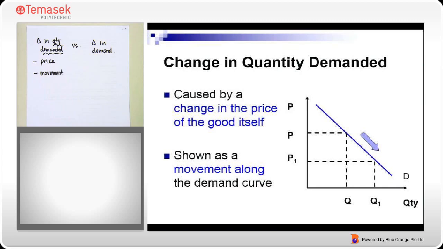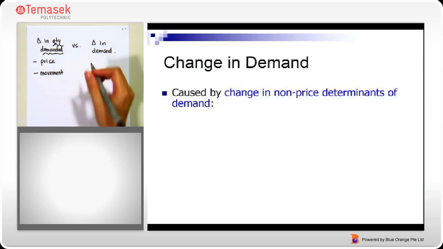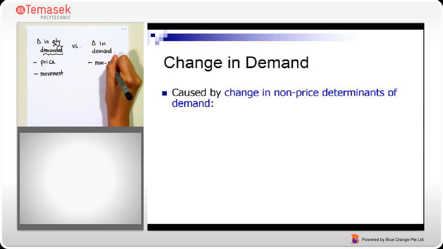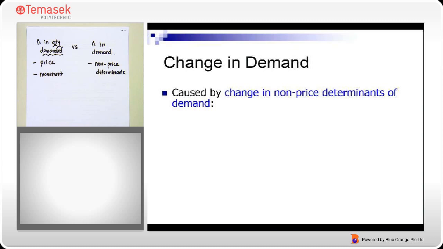Next, what is change in demand? Now, it's caused by non-price determinants. Non-price determinants include prices of other goods, so prices of substitutes, for example.